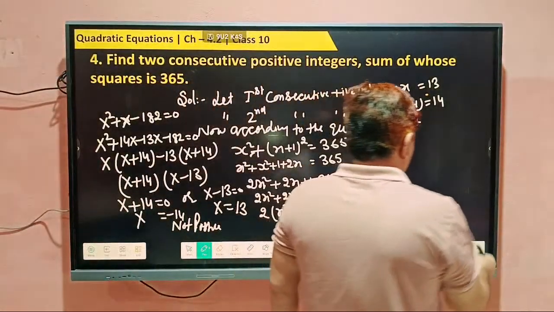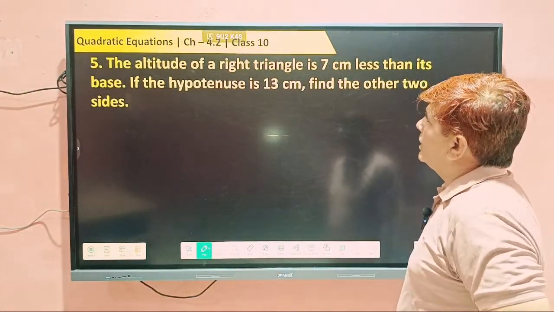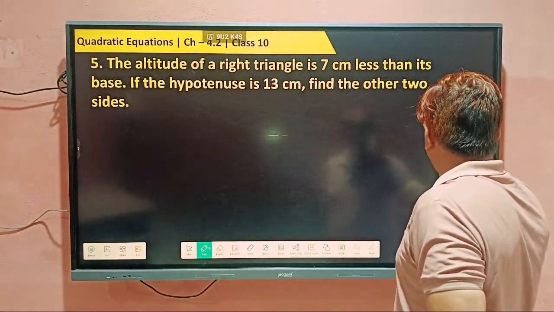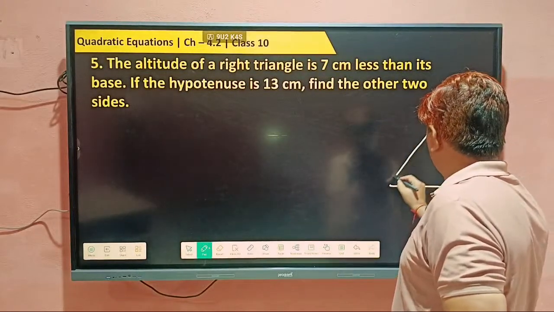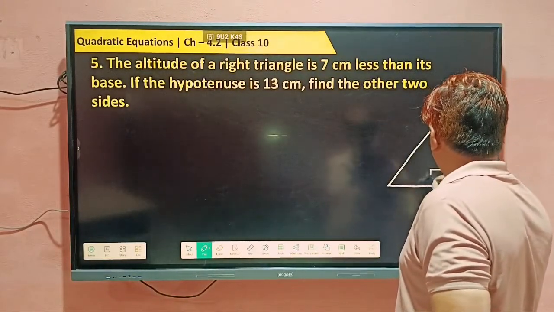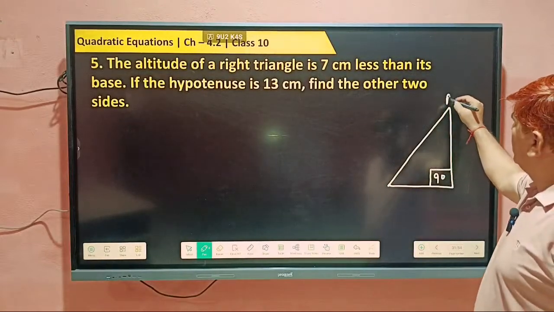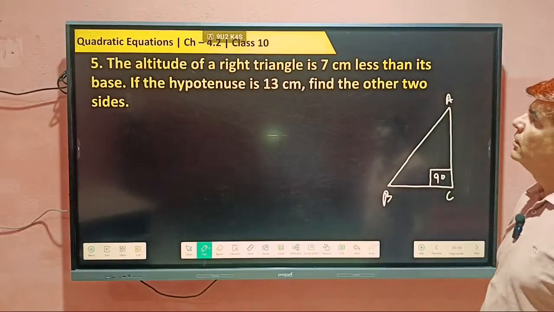I think no problem. Next part, the altitude of a right triangle. Right triangle means right angle triangle. So this situation. This angle is 90 degrees. What is its name? ABC we can say. See, angle C is the right angle.